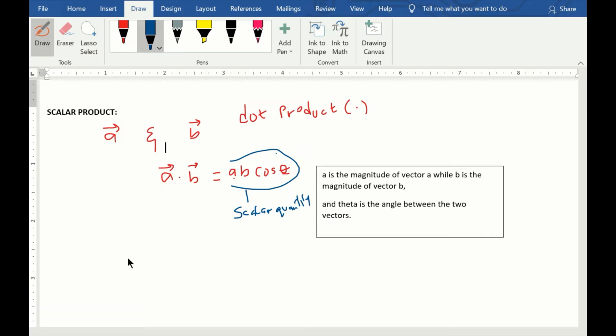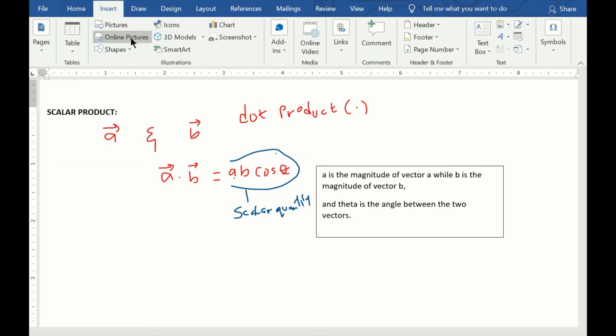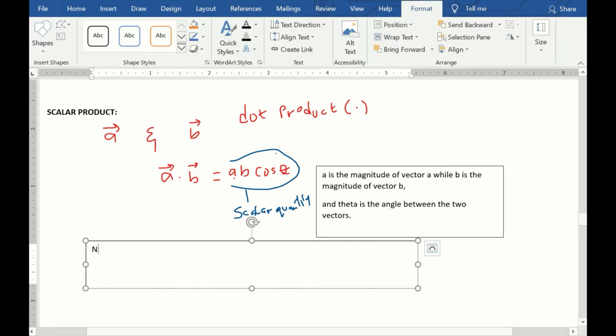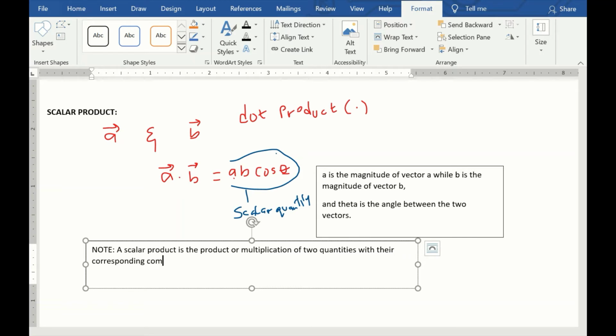Before then, I want us to note, very important, that a scalar product is the multiplication of two quantities with their corresponding components.